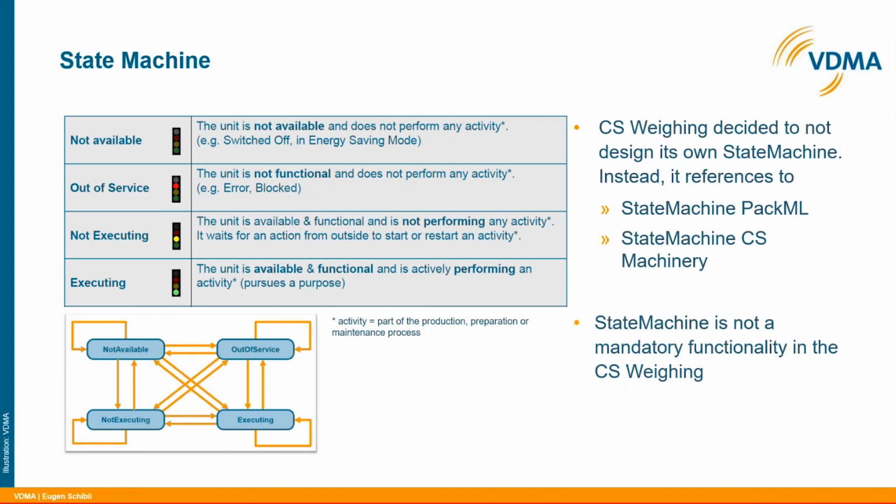Important for me is to tell you that we have two state machines, that we do not have our own state machine, and that it is not a mandatory functionality for companion specification weighing. So you have to ask the vendor of the equipment which has a server if he provides state machine data.